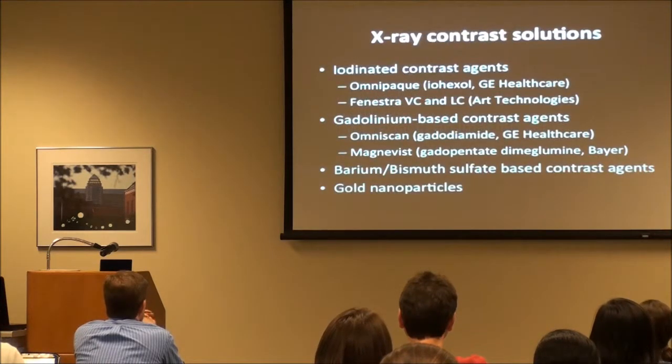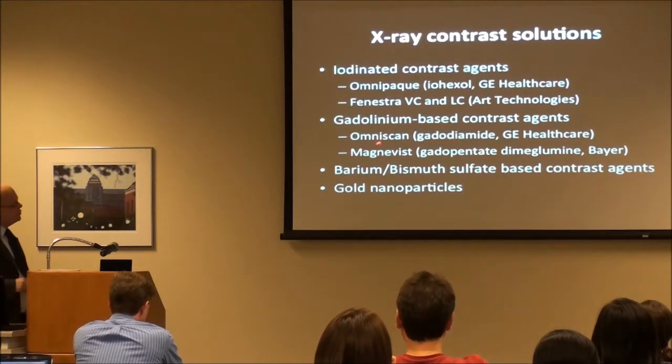And we very often use some X-ray contrast agents to increase this attenuation or just to increase the contrast in the image. There are a couple of iodinated contrast agents which are very often used in clinics, again, the OmniPaque, which was marketed by GE Healthcare. But there are also some preclinical contrast agents like Fenestra.